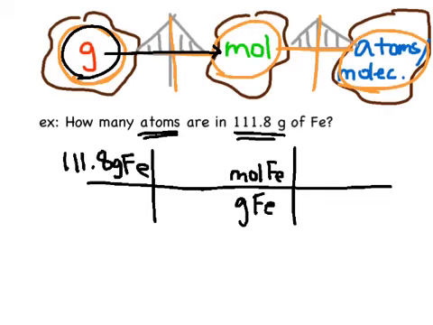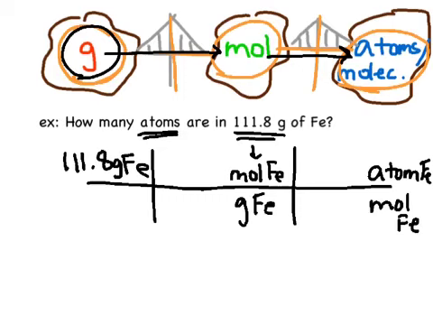All right, and now we have to cross the second bridge to get to atoms. So we're going to go from moles here to atoms of Fe over here. So again, when we cross this bridge, we have to cancel our mole units this time by putting them down there on the bottom of our second bridge.